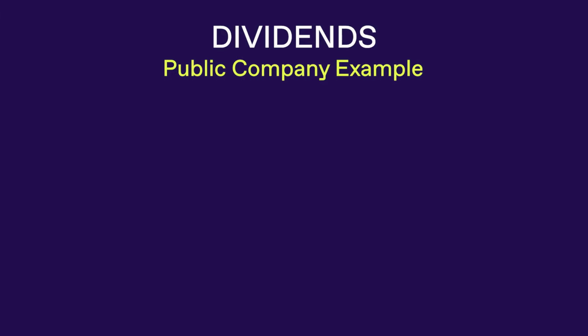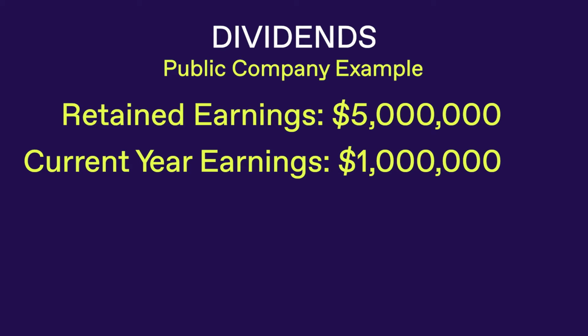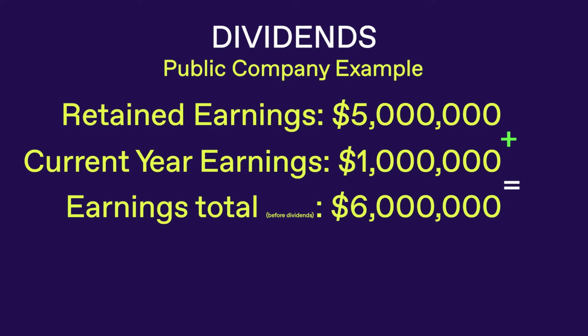Dividends on the face of it are quite a simple calculation if you're running a public company. Let me use a public company as an example first. Let's say the public company has retained earnings of $5 million and current year earnings of $1 million. So all up, the total earnings within the business is $6 million.